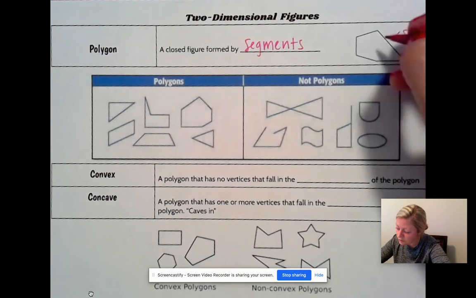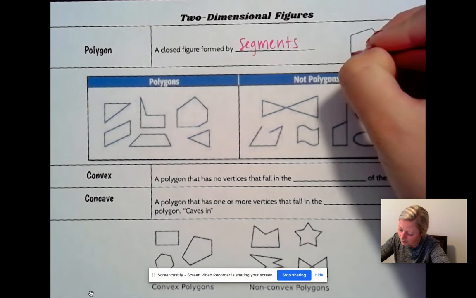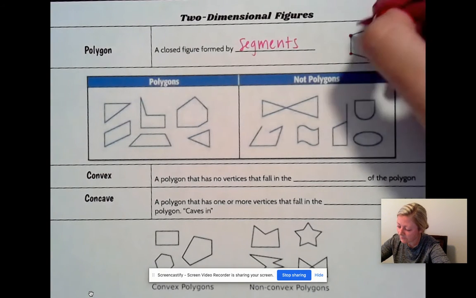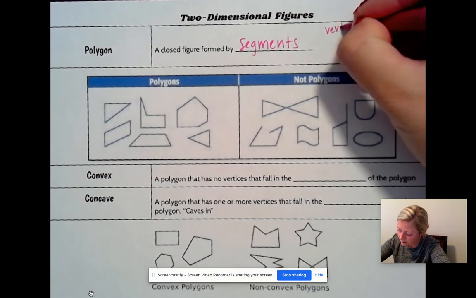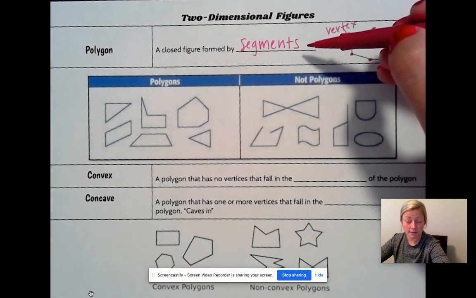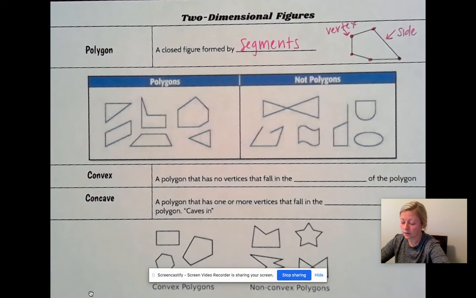Where two sides meet, they form little corners. The technical term is a vertex. The little corners are your vertex, and multiple vertexes would be vertices. Since your sides are made up of segments, they will all be straight. You can't have any curves in it, okay?